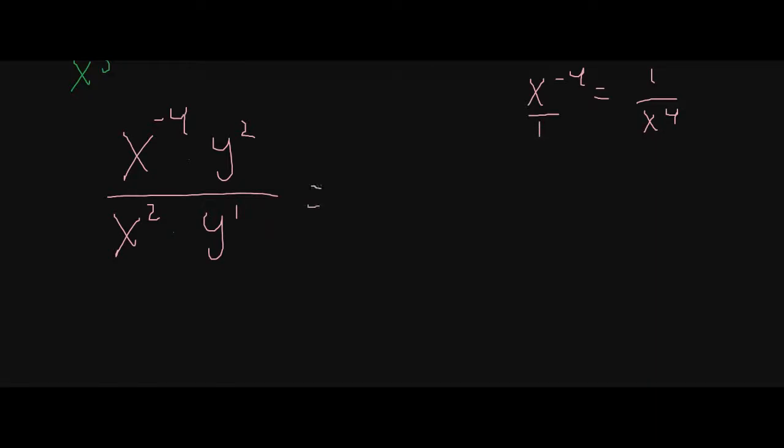So I can rewrite this problem. All I'm doing is taking the reciprocal and flipping it and changing the sign. So we're going to get y squared over x squared times x to the fourth times y to the 1. Right, all I'm doing is just flipping it. Well, 2 minus 1 is just going to give us y to the 1.